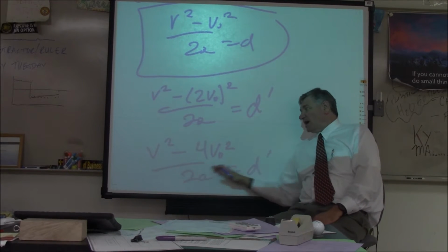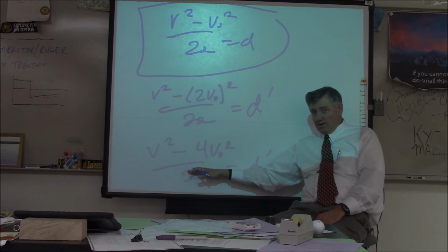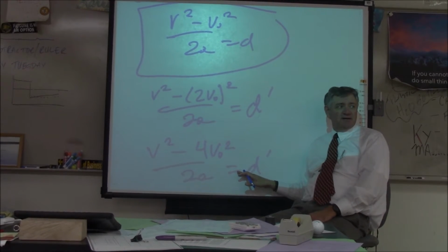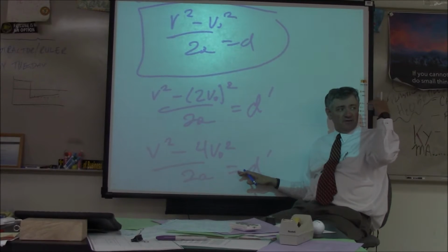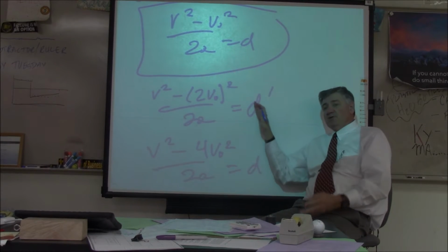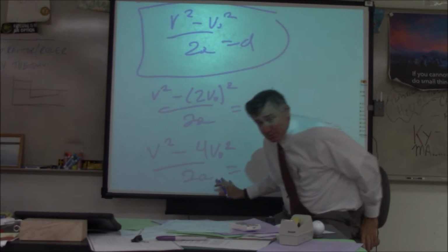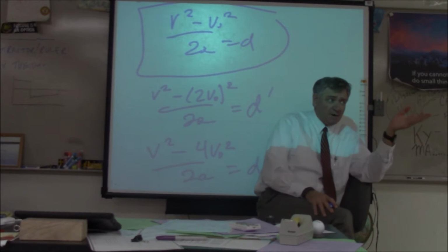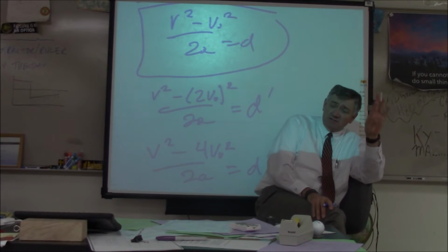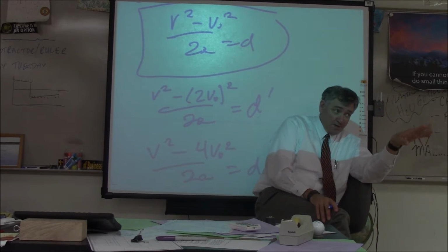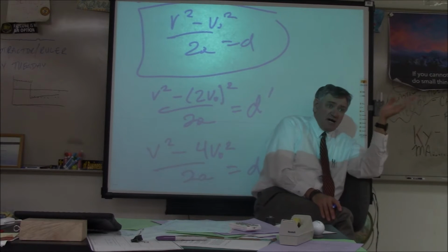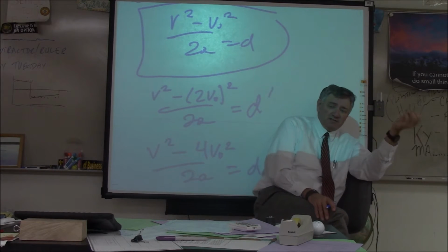So if this side goes up by a factor of 4, to balance everything out, what has to happen to your new distance? It has to go up by a factor of 4. The beauty of this is that once you realize this, because it's squared, if I double my velocity, that new distance is going to go up by a factor of 4. So I don't have to actually know what the distances are.